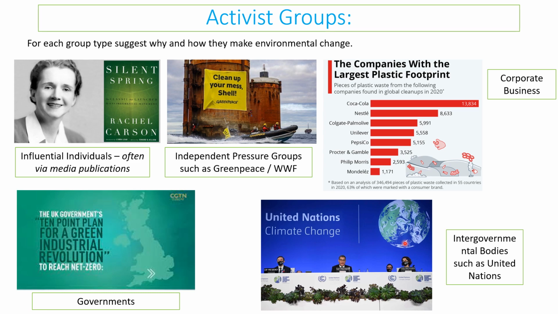And then there are intergovernmental bodies such as the United Nations, which work in panels with other governments and set global targets for other governments to reach. And they may or may not be legal targets depending on if the countries agree to them, but there is a pressure for all governments to be seen to be pushing in the right direction around the world.